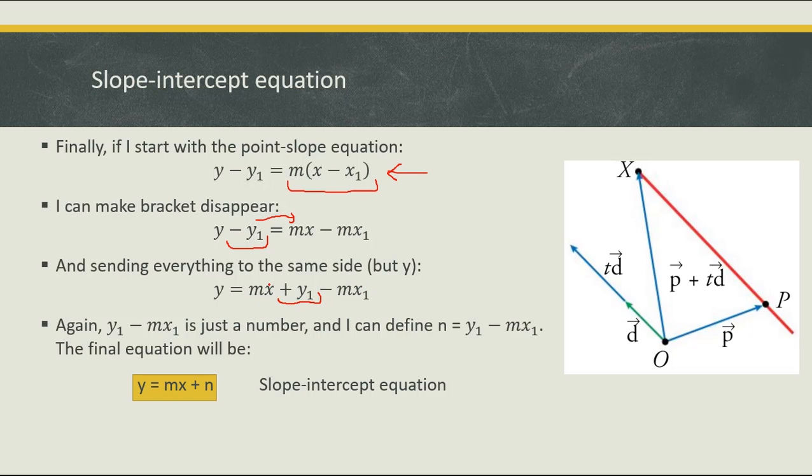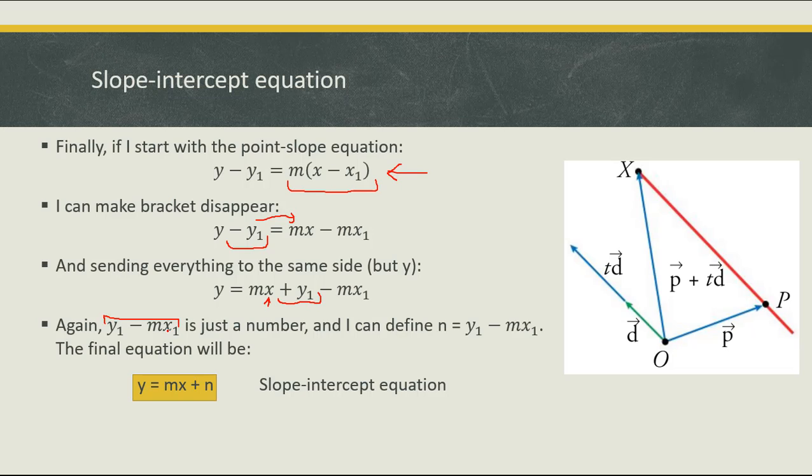This way I group, because x is an unknown quantity, x1 is a number, m is a number. So this way I separate where the unknowns are from where the numbers are. Again, as happened in the previous slide, I have here this quantity, y1 minus m multiplied by x1.